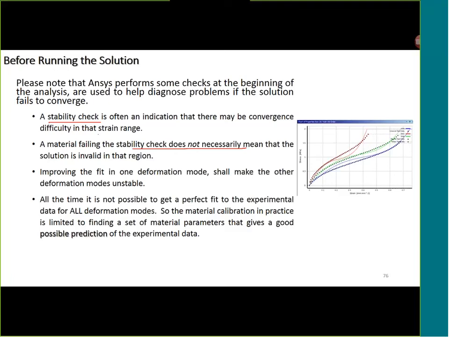Okay, so improving the fit in one deformation mode may make another deformation mode become unstable. So you have to make a balance between the accuracy in the curve fit and making your model stable.